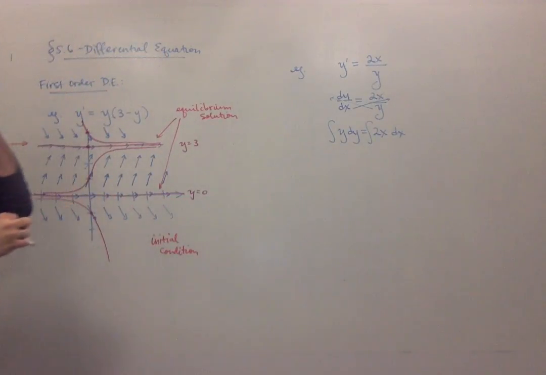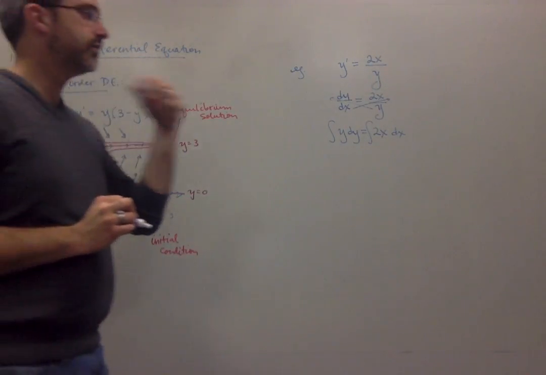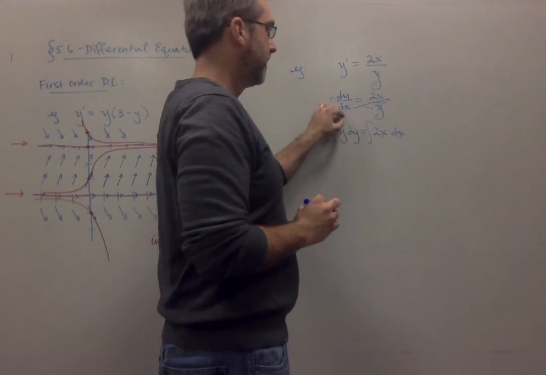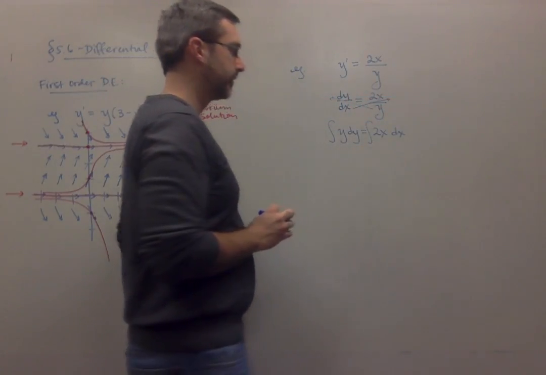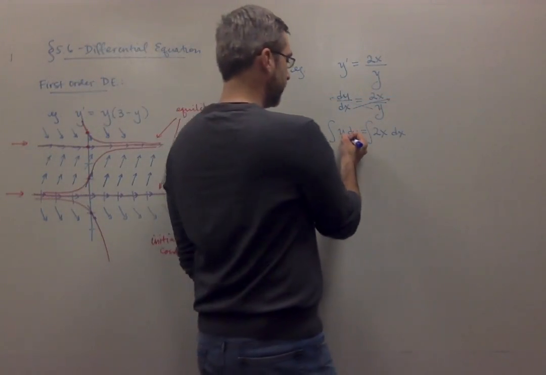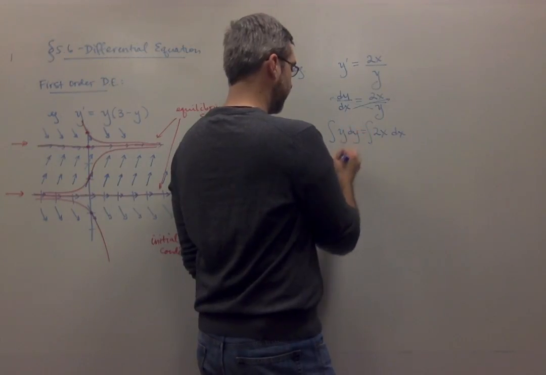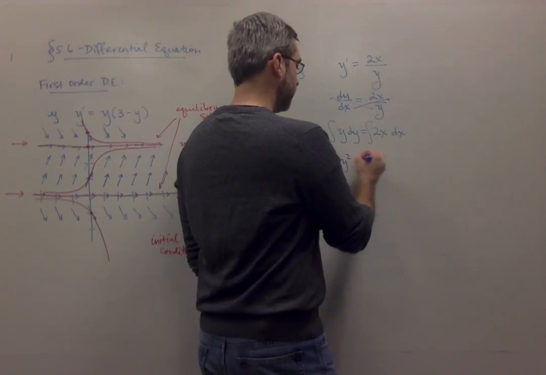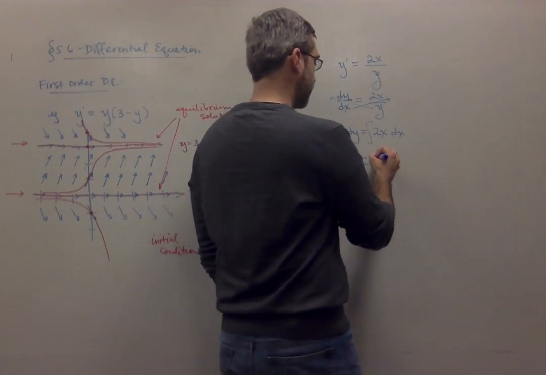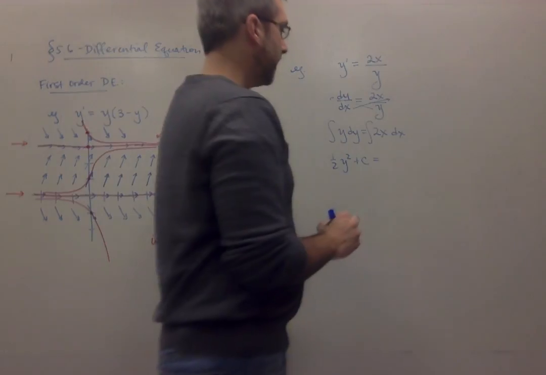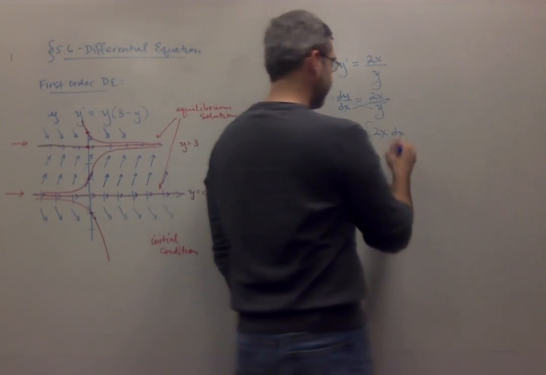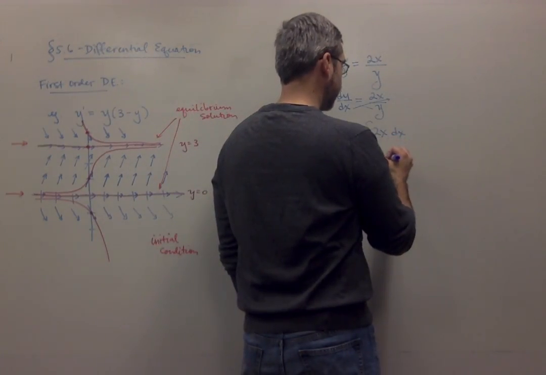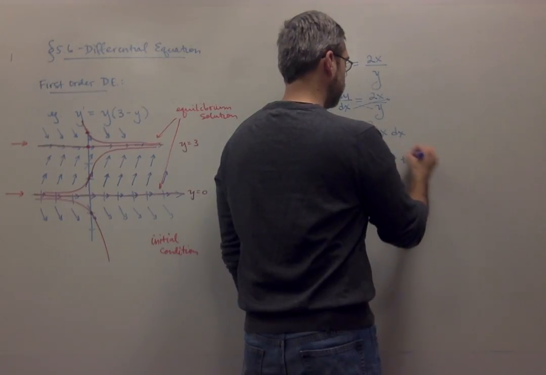Okay, now this is a special differential equation that allows me to put the y's on one side and the x's on the other side. So let's integrate. Now if I were to integrate, what I would get on this side is 1/2 y squared plus c. And what I would get on this side, the antiderivative of 2x is x squared plus some other constant.